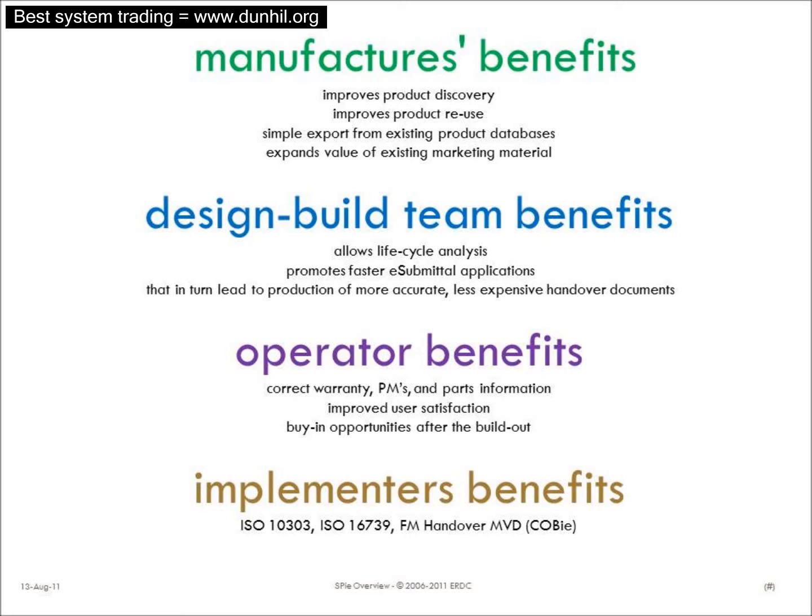The first and most important is the benefits to the people who make products, because these open standards are going to allow people to search and find the products that those manufacturers produce that will allow them to execute and perform and operate that design, construction, and operation of that building more efficiently.